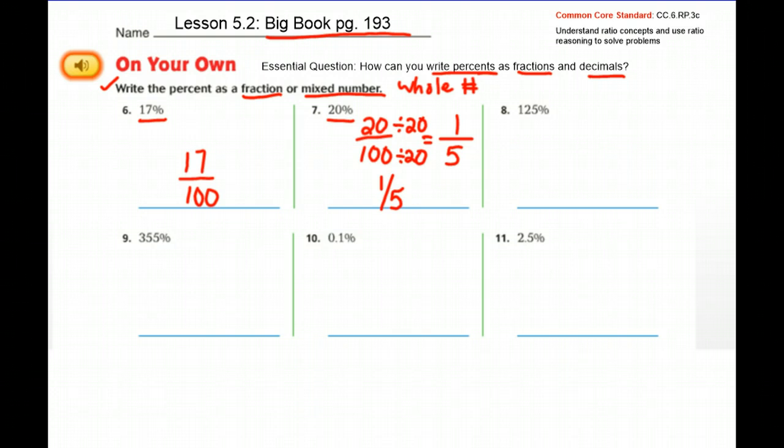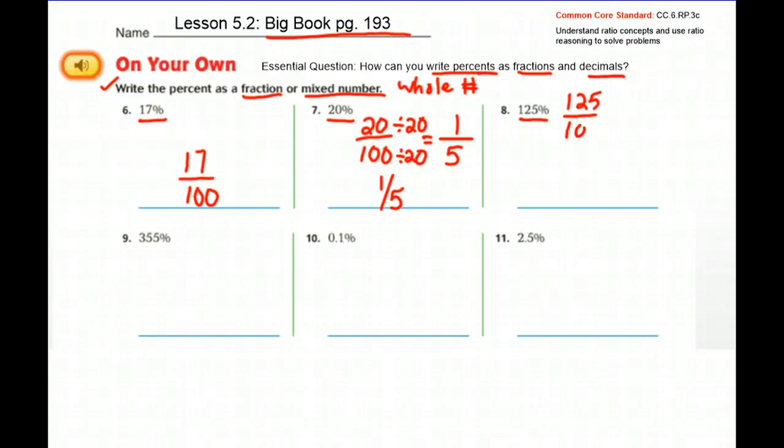Alright, now we're looking at example 8. One thing I notice about example 8 is that I have a percent that is greater than 100. Now, we can still follow the same steps that we followed for example 6 and 7. So I'm going to take this 125 and write it over 100.